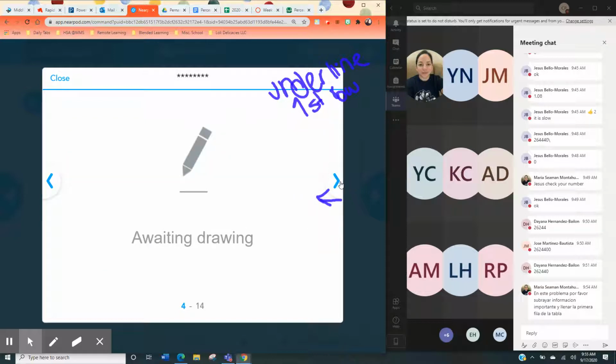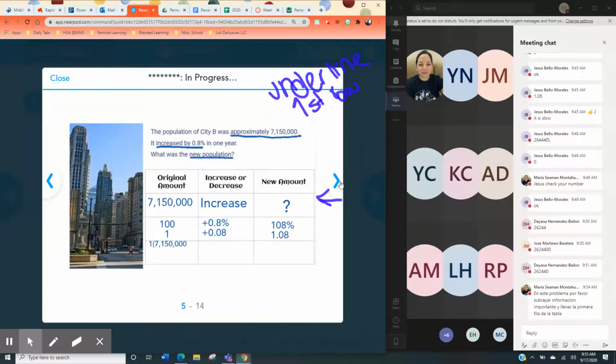Still don't have anybody writing here. Oh my God. I have somebody who's already like on row 3. That is amazing. I love it. But hold on here.